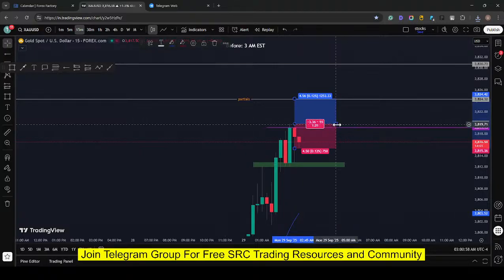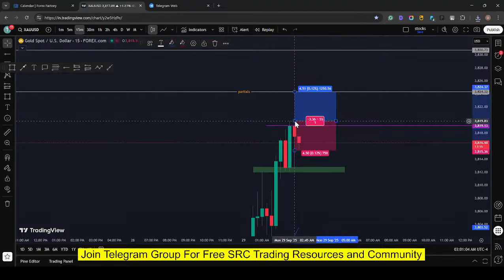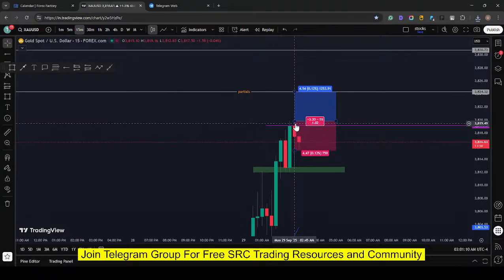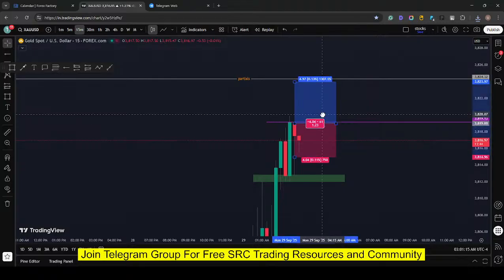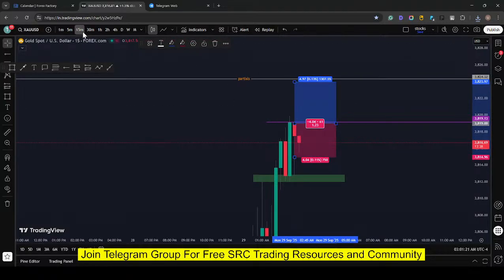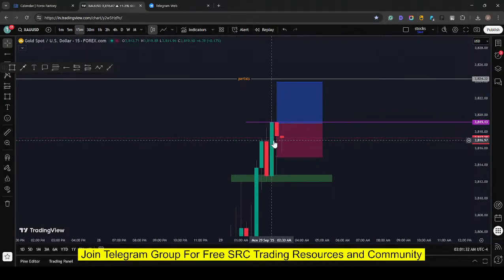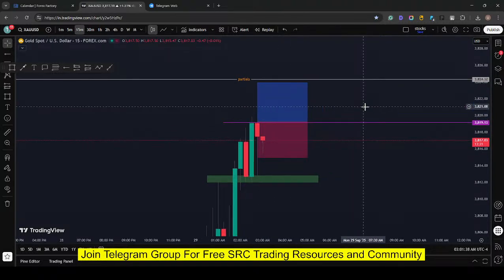First target will be this. People will go for flip, but this is still in range. So I would like to see a candle going up there.